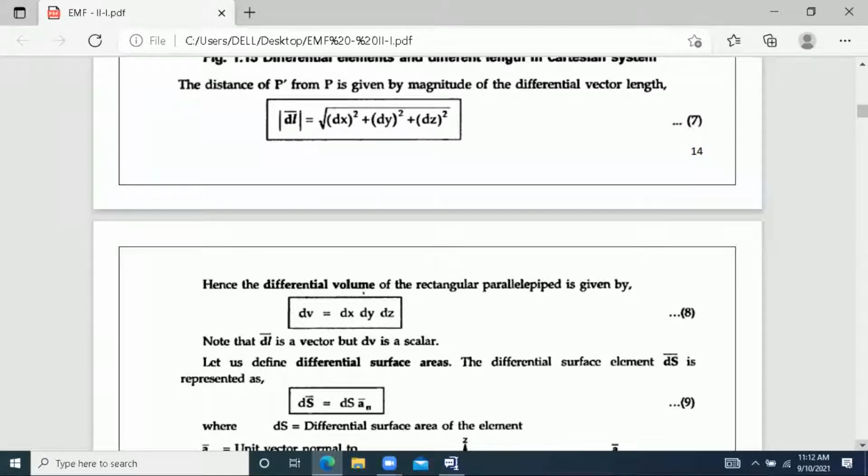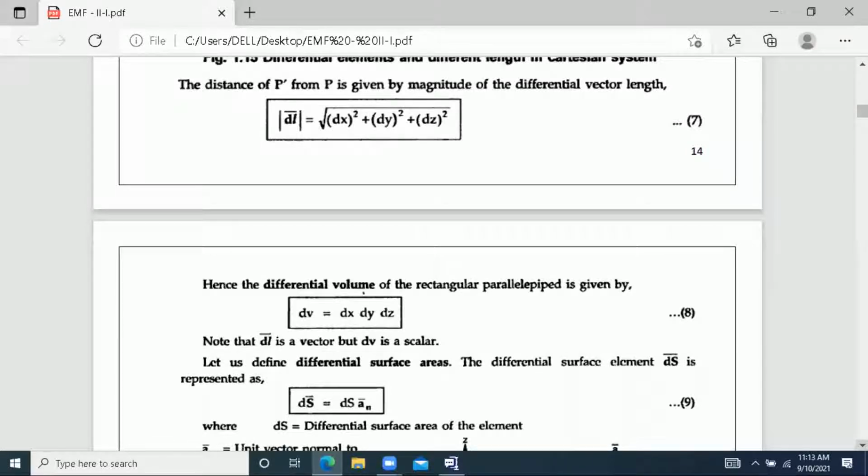Now, if you think of a volume that your changes create, just like the volume of a cube is x times y times z.